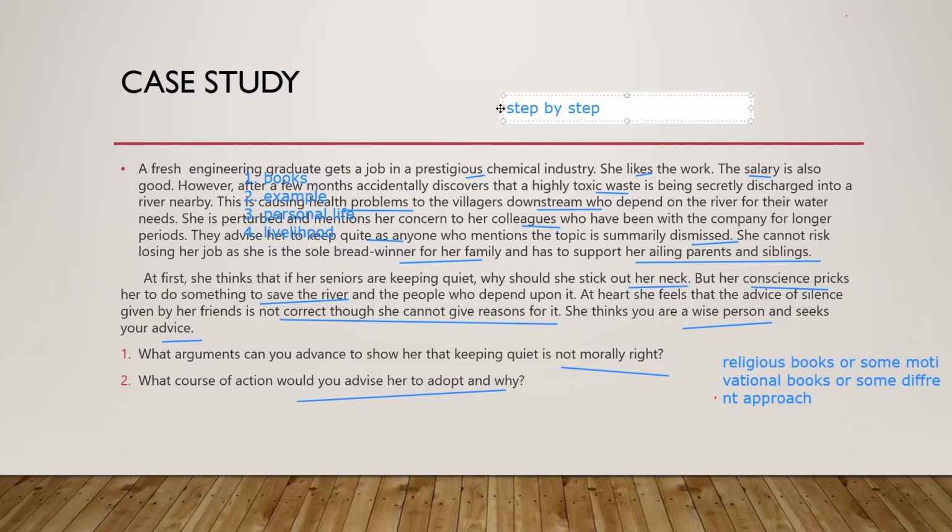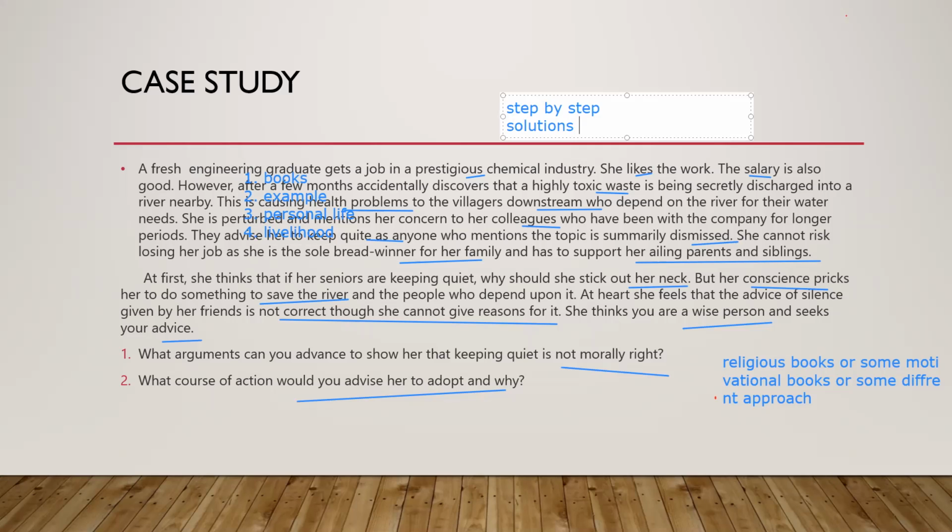That first I will do this, then I will do that, then I will do that. Some require only solutions, where you can choose any of the solutions. But there are some case studies which require step by step solution, and we'll cover that in another part.